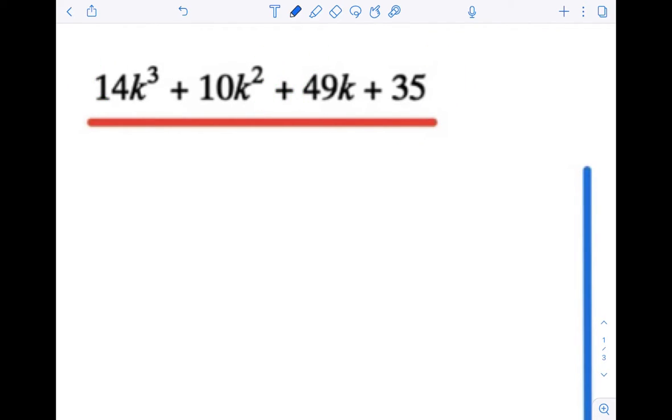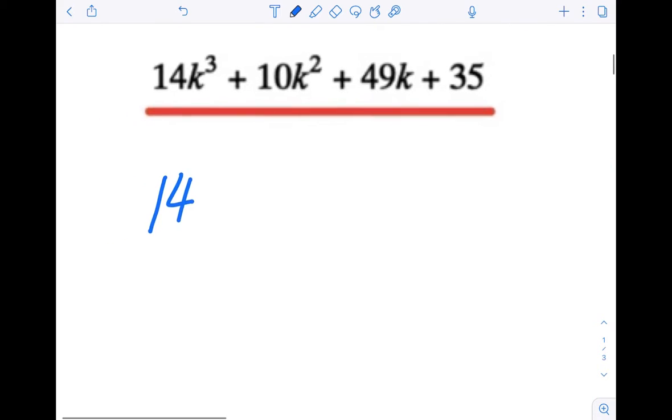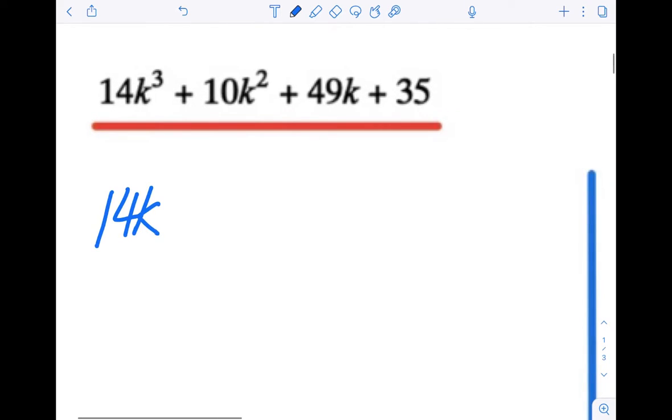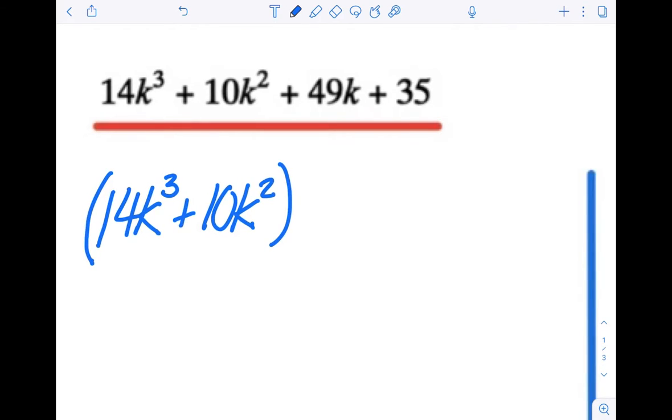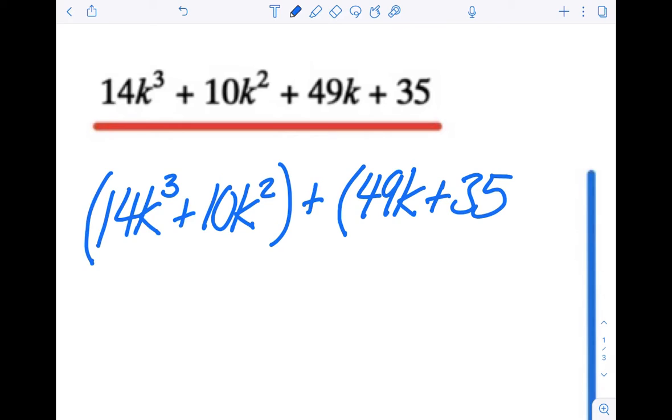So we're going to say 14k to the power of 3 plus 10k to the power of 2. We're going to group that, plus 49k plus 35.